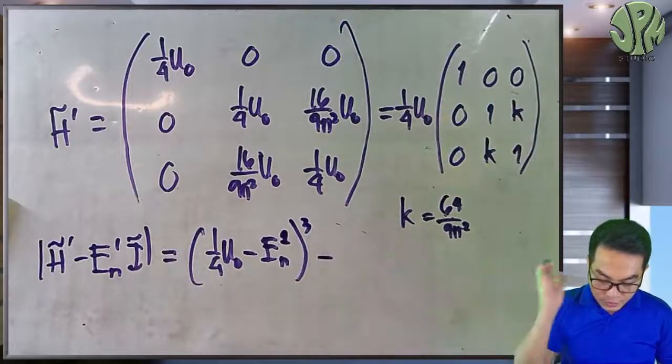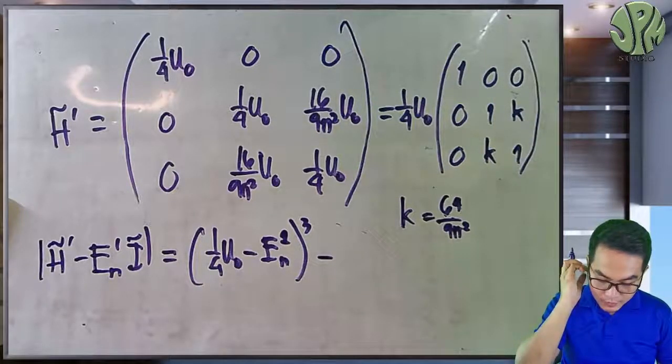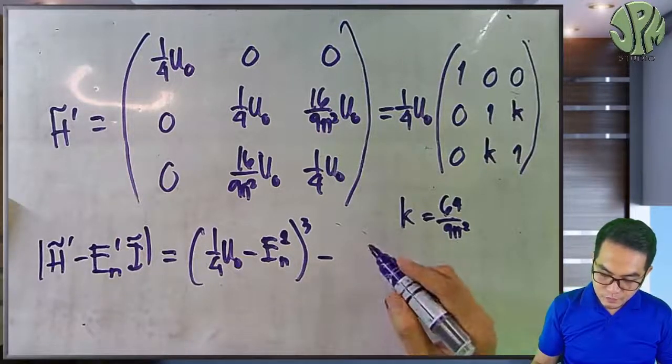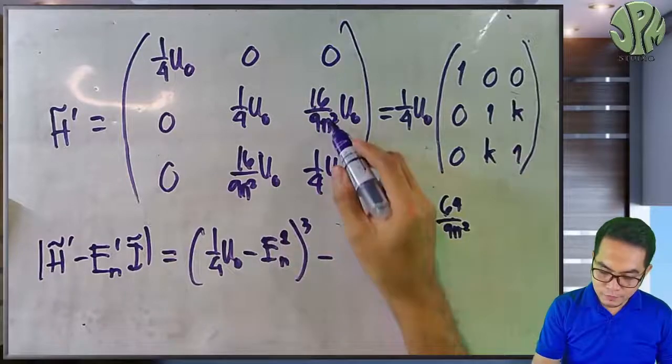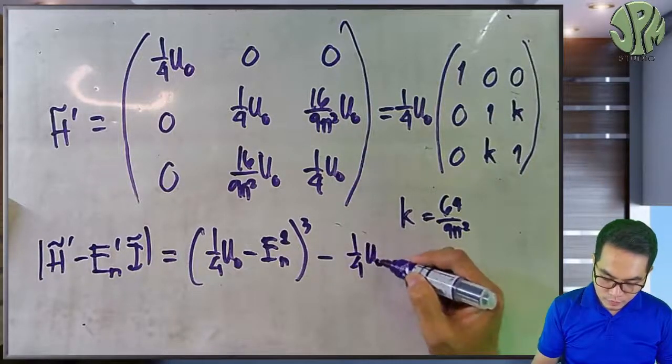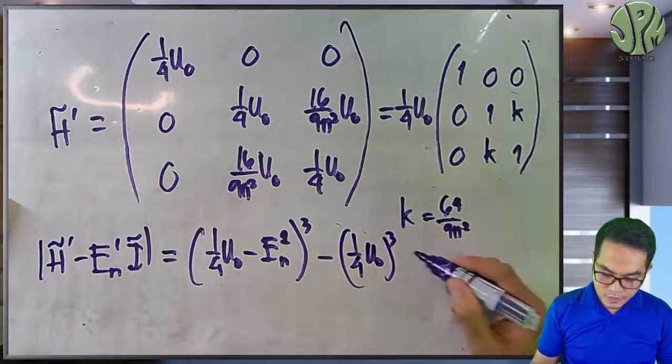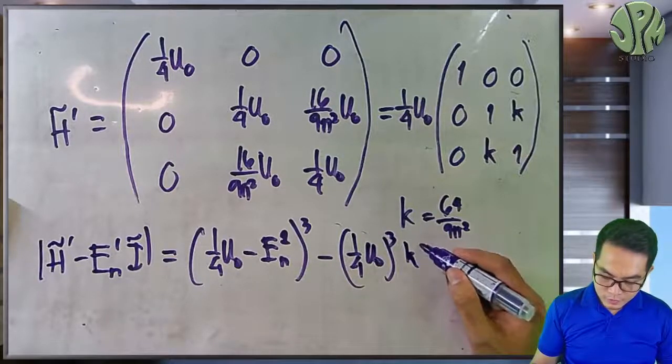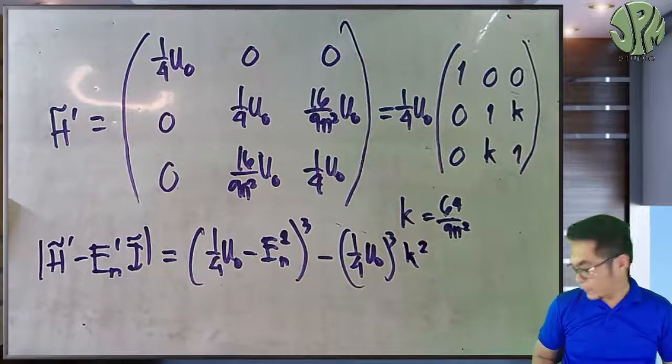So you will get 1/4 unit k, 1/4 unit k, and then 1/4 unit. So basically you have 1/4 unit cubed, and then k squared.